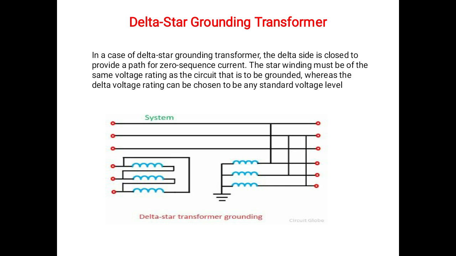So, in case of a delta star grounding transformer, the delta side is closed to provide a path for zero sequence current. The star winding must be of the same voltage rating as the circuit that is to be grounded, whereas the delta voltage rating can be chosen to be any standard voltage level.